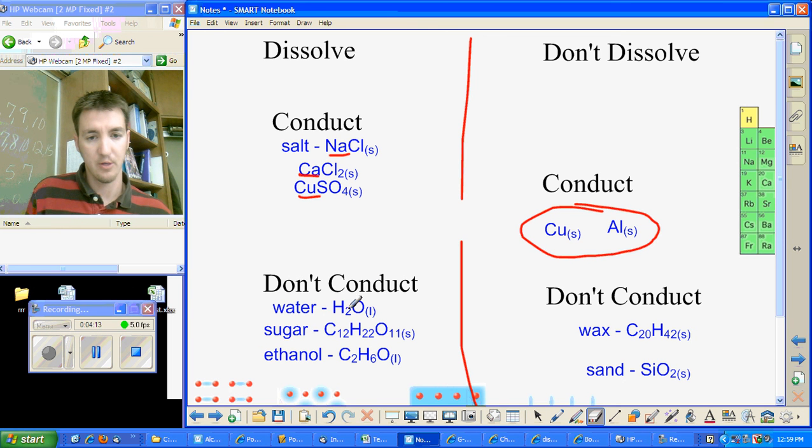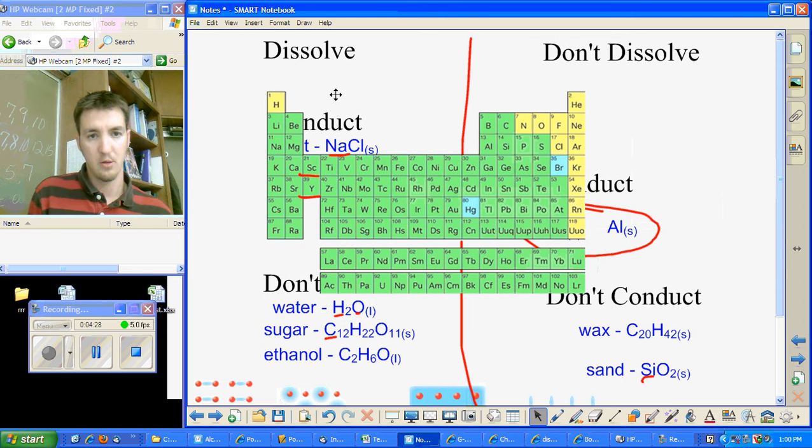Alright, so looking at these, what these have in common compared to these. Now there are a lot of similarities. You're looking at H's and O's and C's and an Si. So if we look at the table, hydrogen, oxygen, carbon, and then we had an Si.